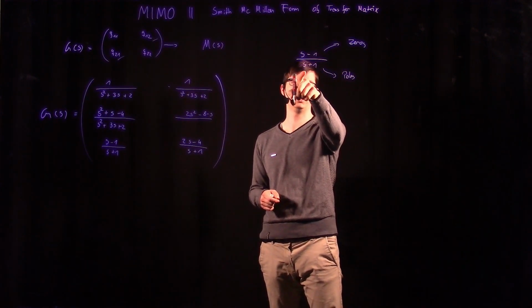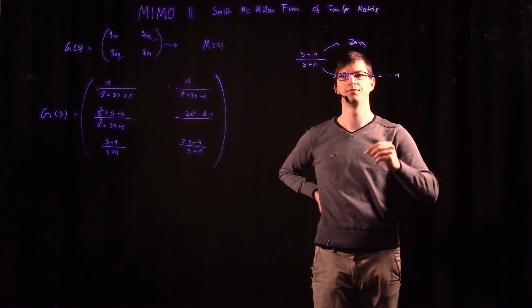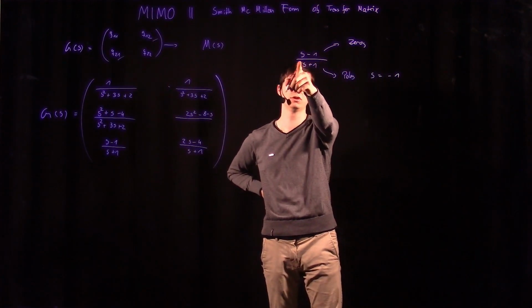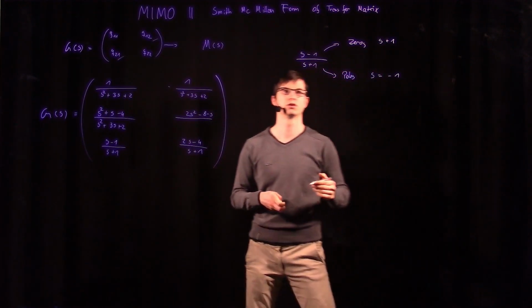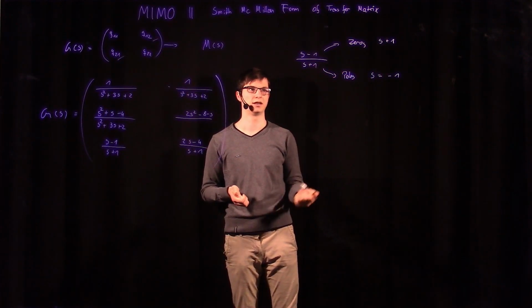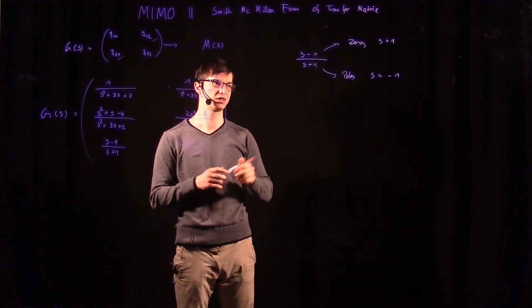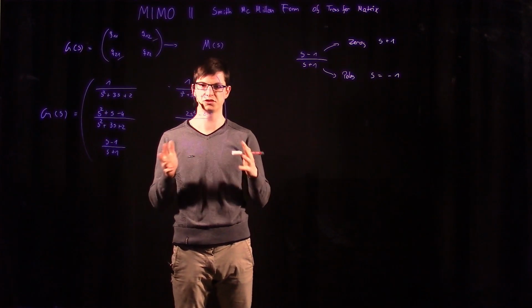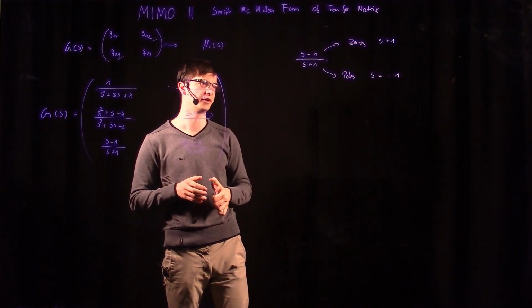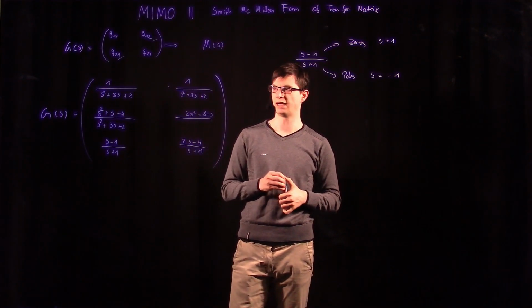And this will be a pole when s is minus 1, and this is a zero when s is plus 1. So that's easy to understand. We will just keep this in mind and look whether the whole system has the same zeros and poles.